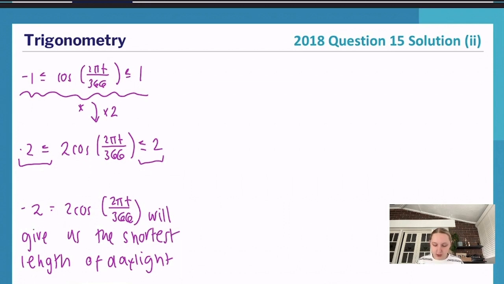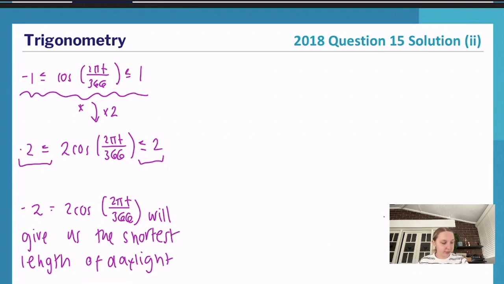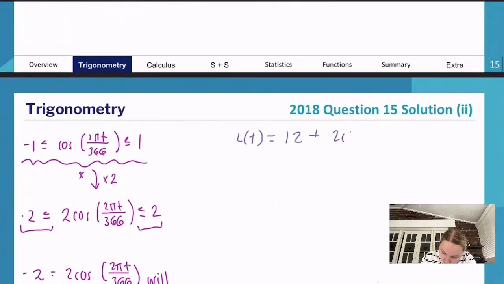So the next thing we want to think about, just quickly change color, is solving. We want to solve for when 2 cos 2 pi t on 366 is going to give us -2. We've got our equation, which is L of t is equal to 12 minus, well, let me check if it's minus or plus, 2 cos 2 pi t on 366.